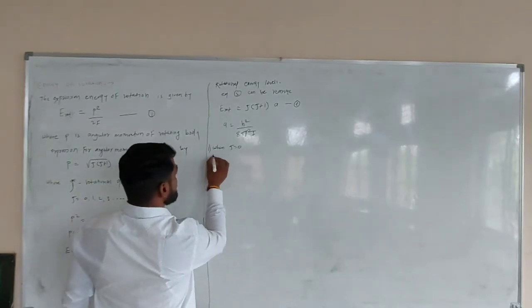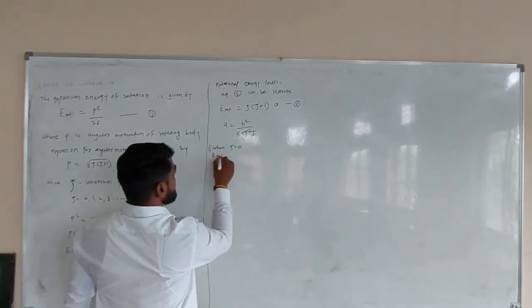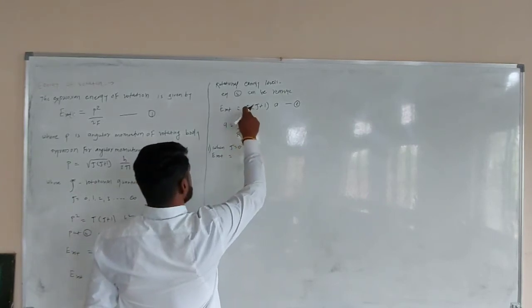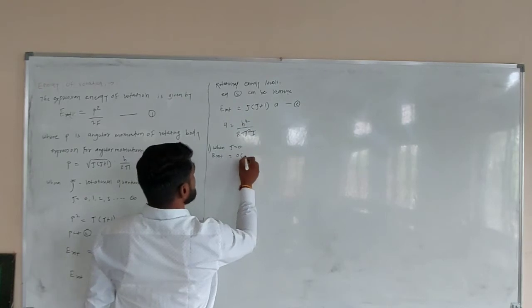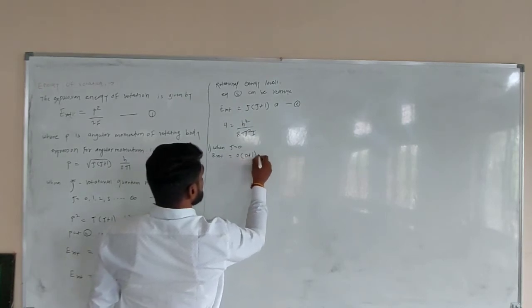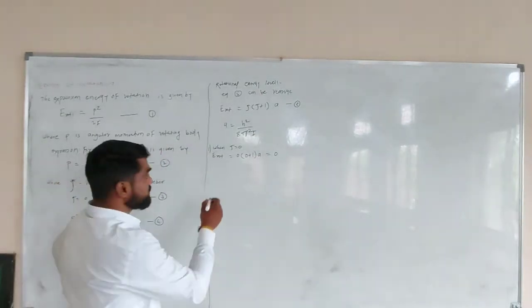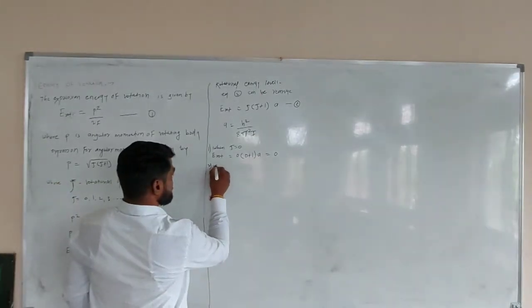Then E rotational is equal to 0 into 0 plus 1 into A, which is 0.